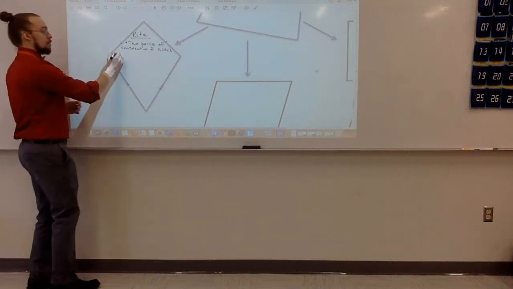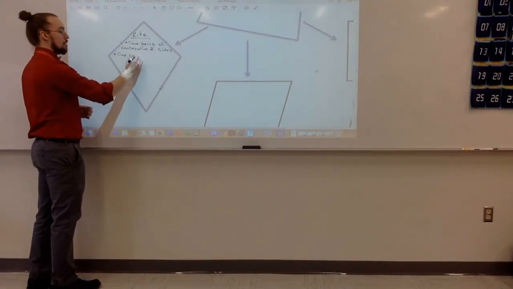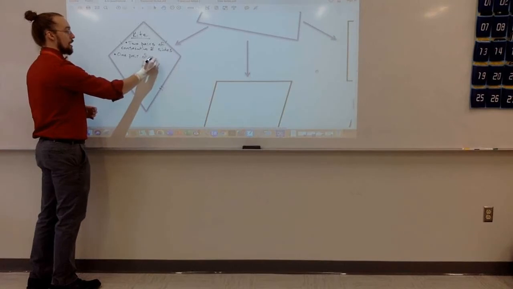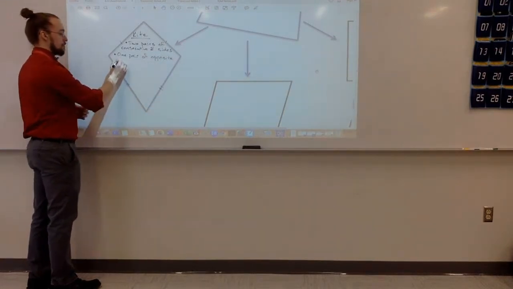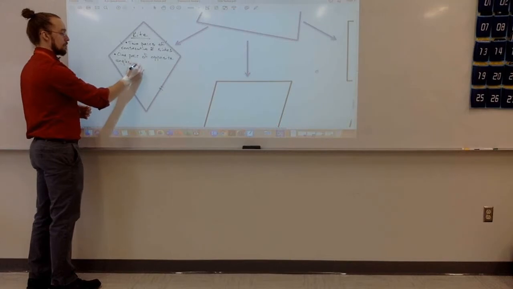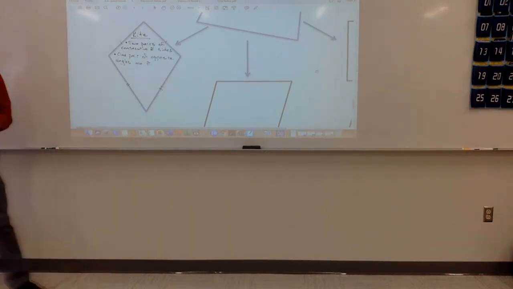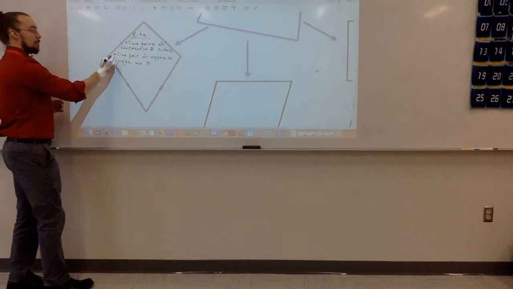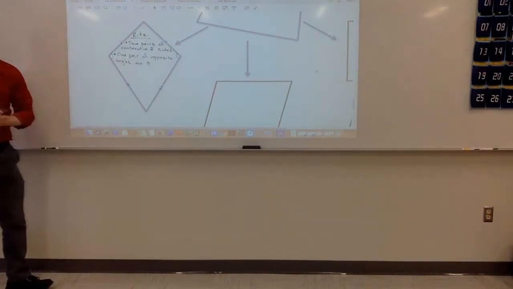Then we know one pair of opposite angles are congruent. So in this figure here, that would be this pair of opposite angles that are congruent.